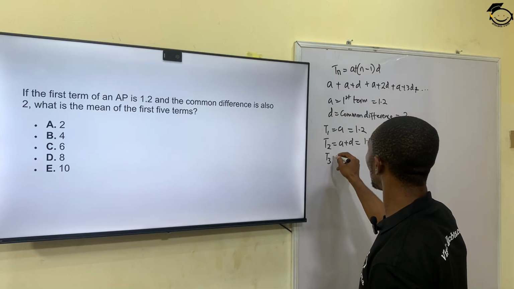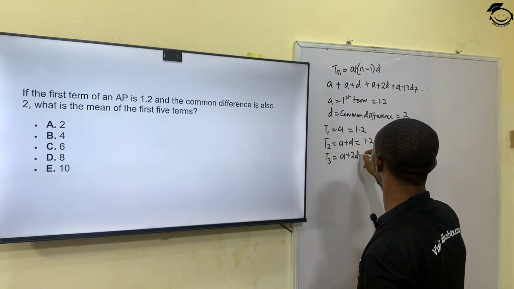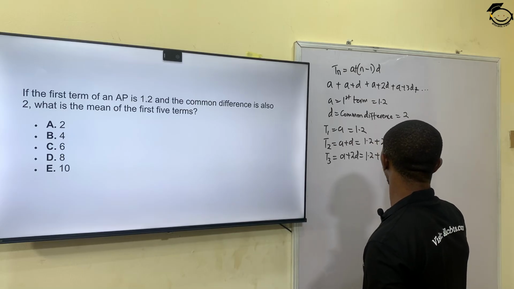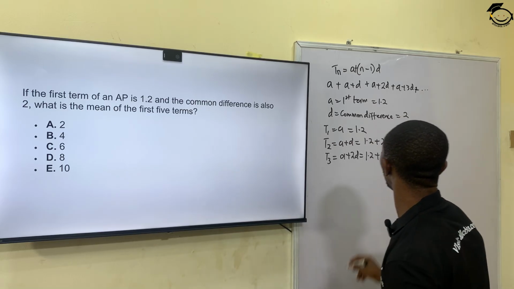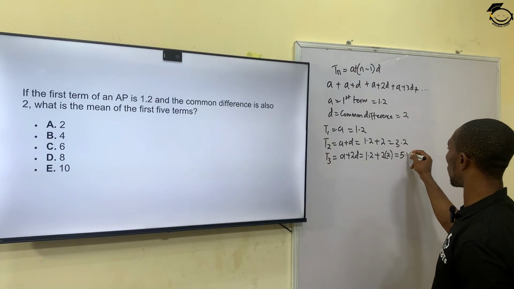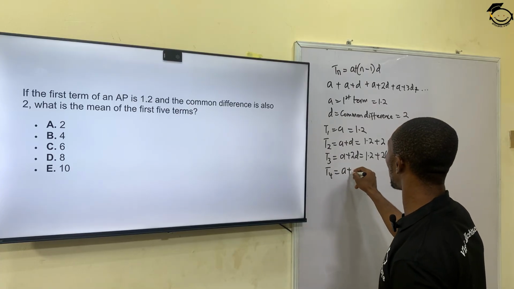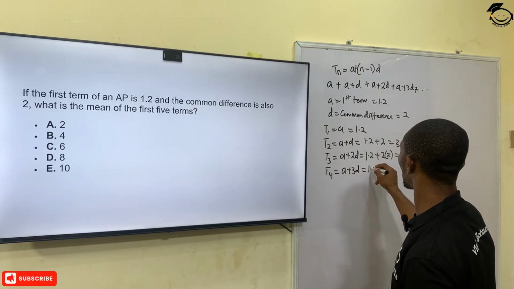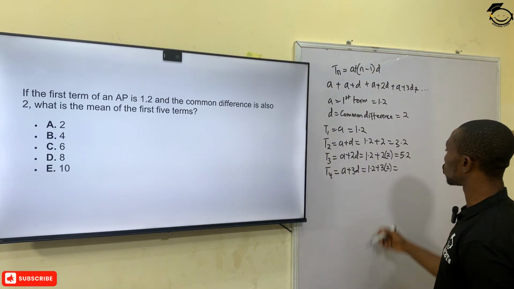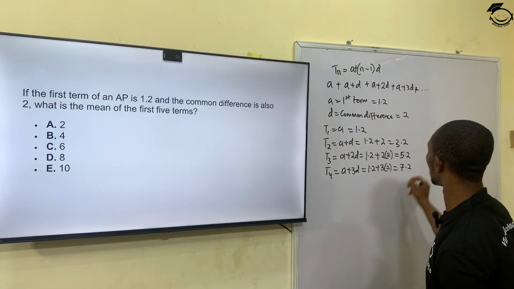And T3, which is the next term, will be A plus 2D, which will give us 1.2 plus 2 times the common difference D. So 2 times 2 will give us 4. 4 plus this will give us 5.2. Now T4, which is A plus 3D, will give us 1.2 plus 3 times 2. Now 3 times 2 will give us 6. 6 plus 1.2 will give us 7.2.